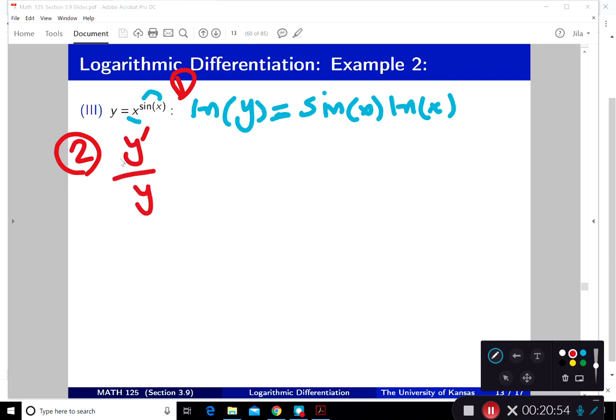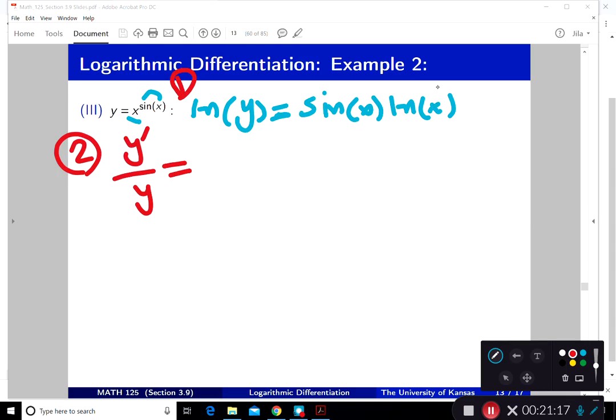This is a recurring part. The derivative of the outside is 1 over y, the derivative of the inside is y prime, since we take the derivative of y implicitly, and then we have the product rule over here.